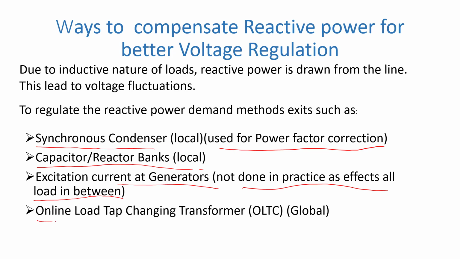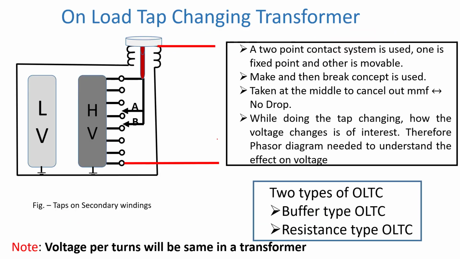But the online load tap changing transformer is a globally accepted method to compensate this voltage regulation. So now we will look into OLTC, the online load tap changing transformer.